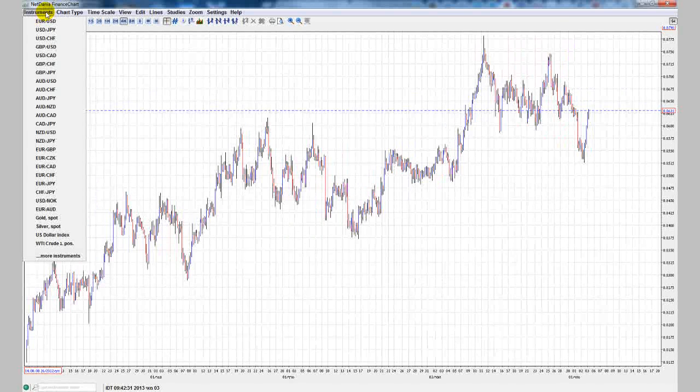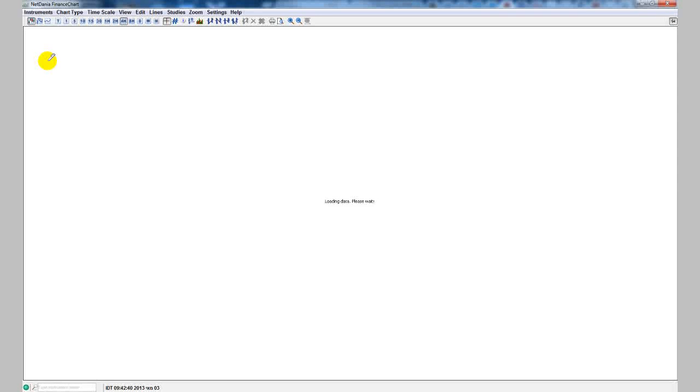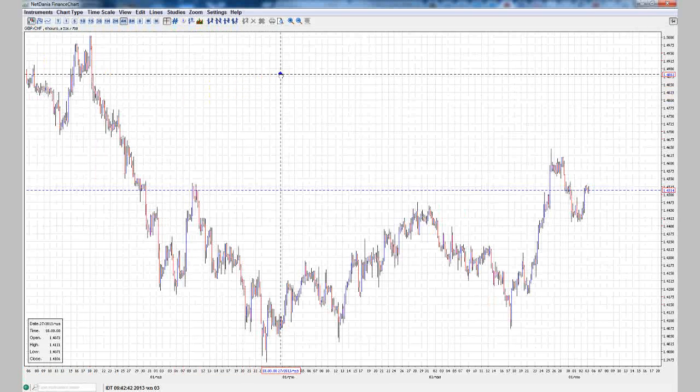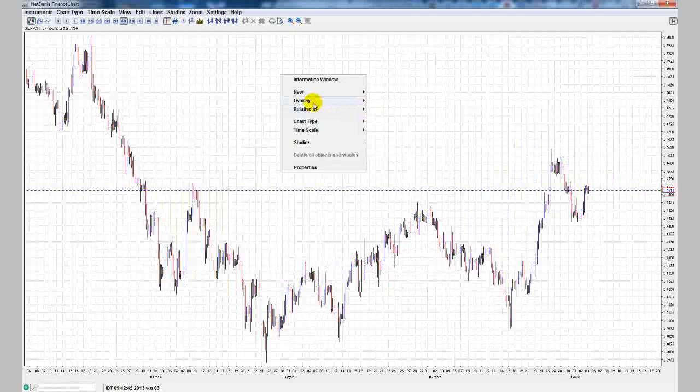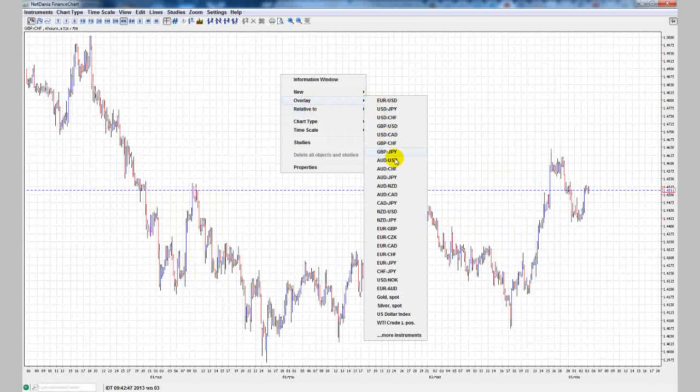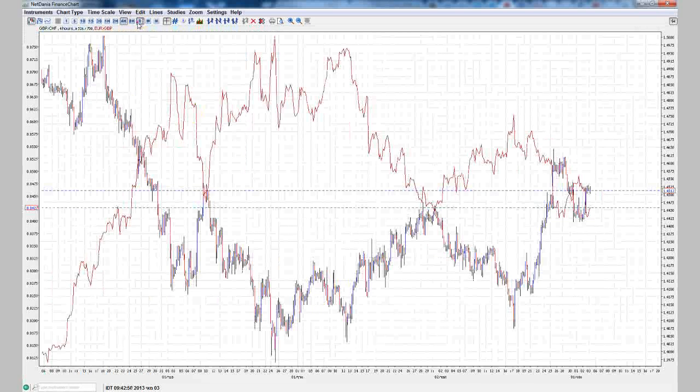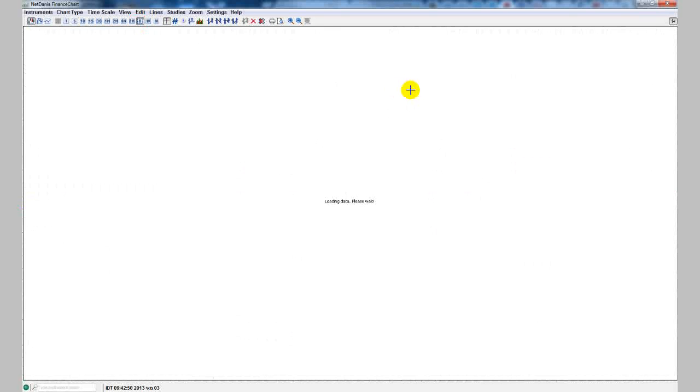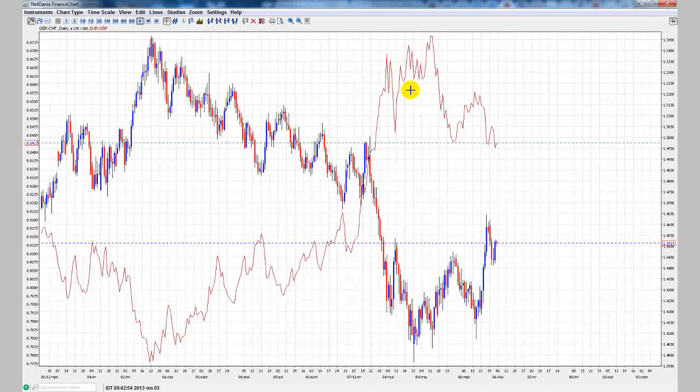This is first, and second, when to do it. See, for example, the British franc is the exact opposite of the Euro British. It's very important to understand when currencies are more dominant and when they are less dominant.